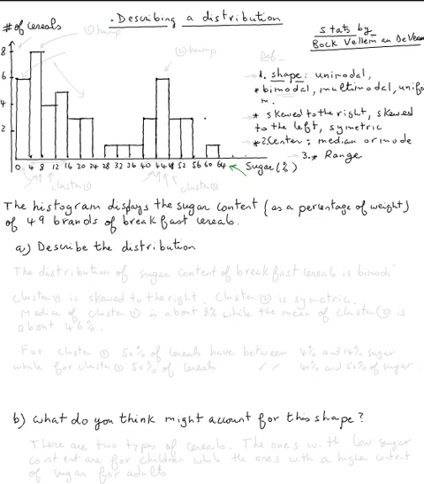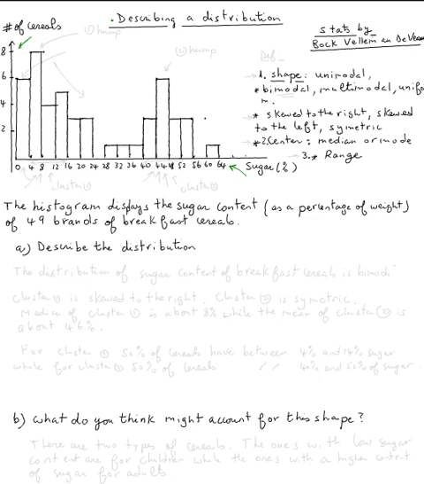If you look at this axis, the variable is the sugar content in the cereal. And of course, the y-axis is the number of cereals.